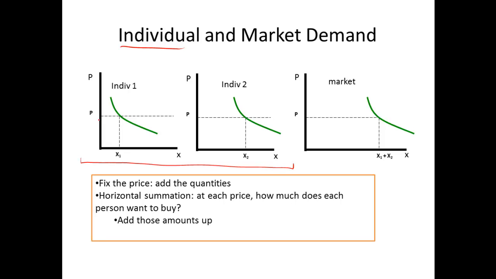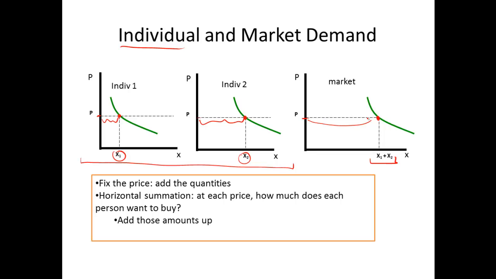Conceptual thought is, choose a price, and at that price, here's the quantity that individual 1 wants, x1. At that same price, individual 2 has a different demand curve, and he or she wants x2 units. If they're the only individuals in the market, then at that same price, the market demand quantity is x1 plus x2. So we're literally summing this amount with this amount at that price to get this bigger amount.